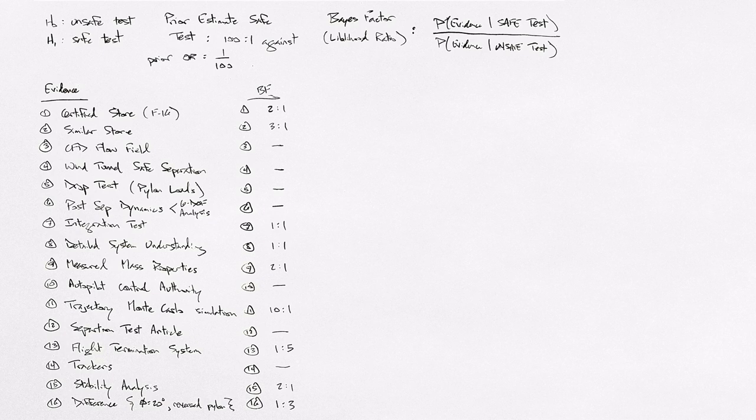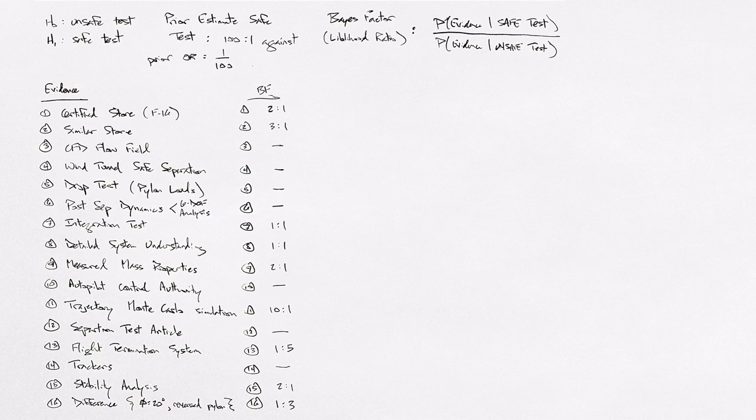There were a variety of programmatic reasons, a number of normal risk reduction and build-up tests. The blanks are tests that weren't done. I still listed them as possible data, but I didn't assign a Bayes factor to them. And this actually let me assess how much additional weight those tests or analyses would provide to the answer.